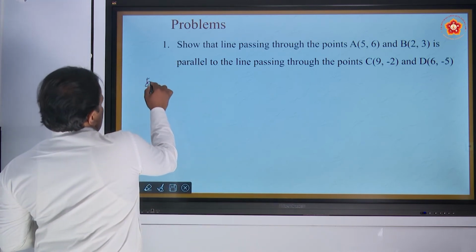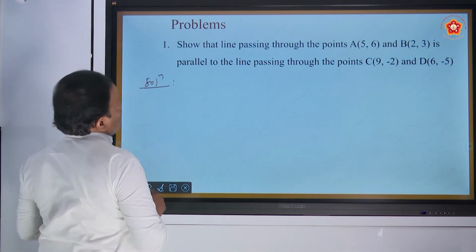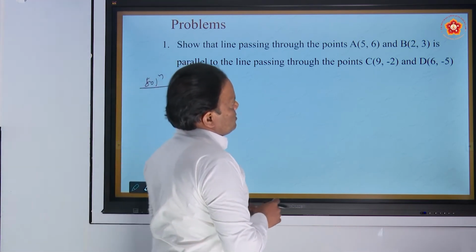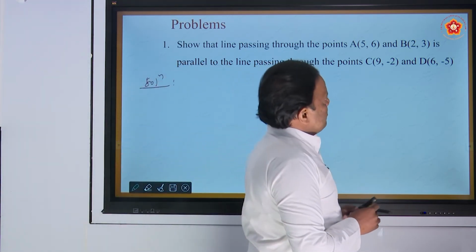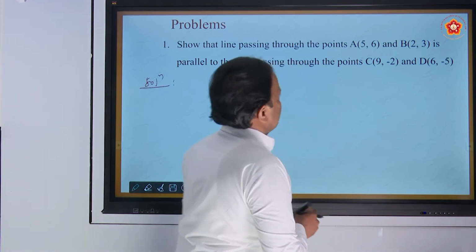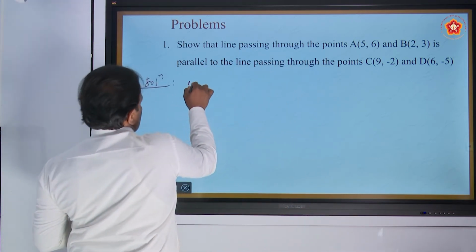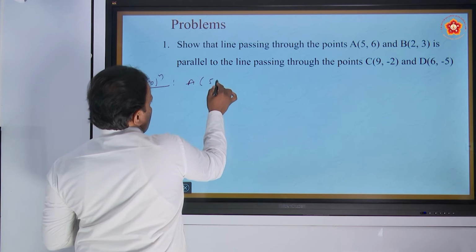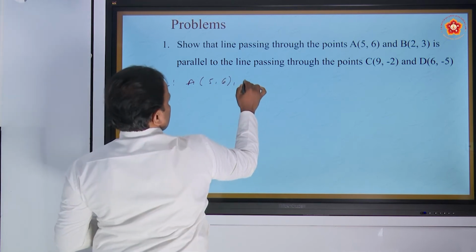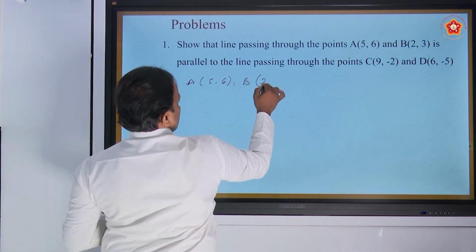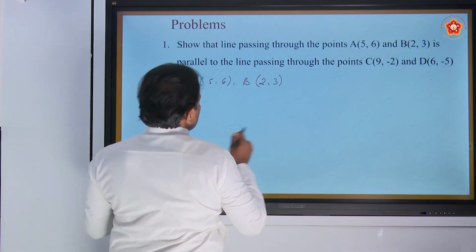See, what is the problem here? The problem given: show that the line passing through the points A (5, 6) and B (2, 3) is parallel to the line. What is the question?